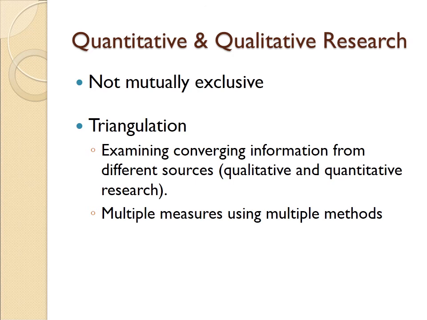So a lot of IO psychology is focused on the idea now of triangulation, examining converging information from different sources, using both qualitative and quantitative research when you're asking questions. So generating a hypothesis from a theory, and those hypotheses being both qualitative and quantitative in the same study. So there's a strong presence in IO psychology to focus on the idea of multiple measures using multiple methods in order to really get at the constructs we're interested in.